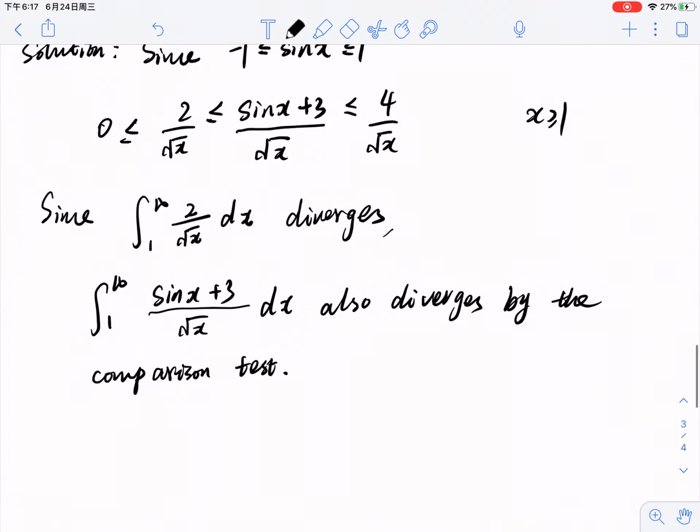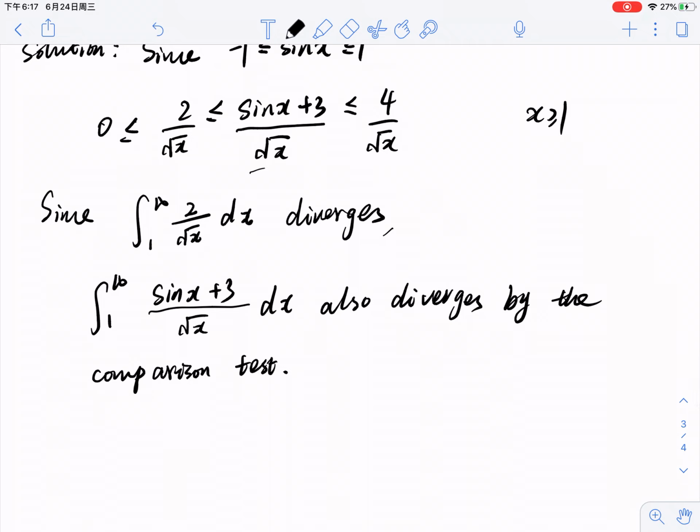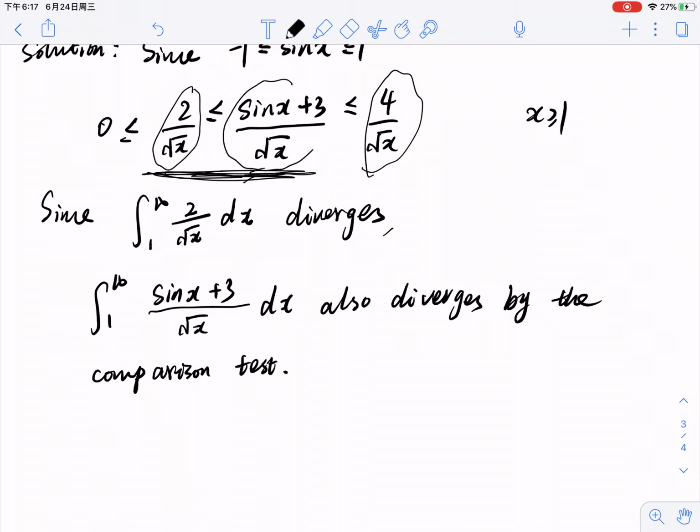Here note that the inequality with 4 over the square root of x is of no use here, so we only use this inequality. Since the integral of this function from 1 to infinity diverges, the integral of (sin x plus 3) over the square root of x from 1 to infinity diverges.